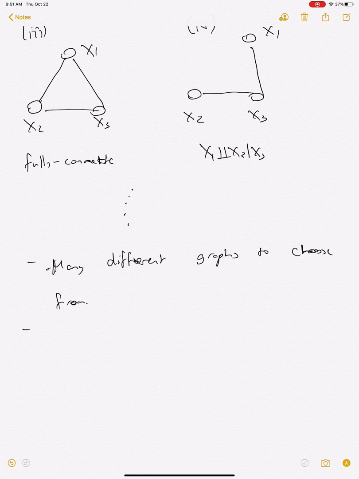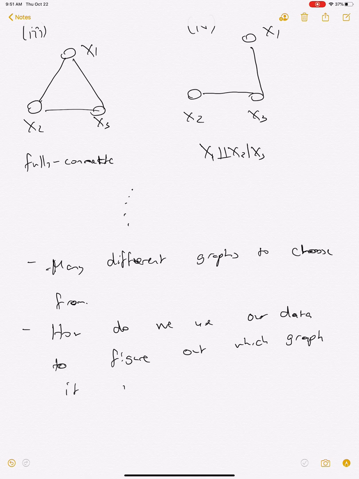And then the question that we're interested in is, how do we use our data to figure out which graph it is? I've only done this for the case where there's 3 nodes, but imagine if you go up to 4, 5, 10, or maybe 100 nodes. You can see there are so many different graphs to choose from.